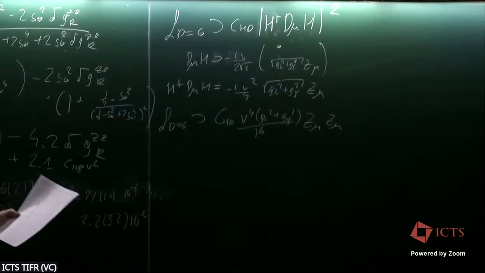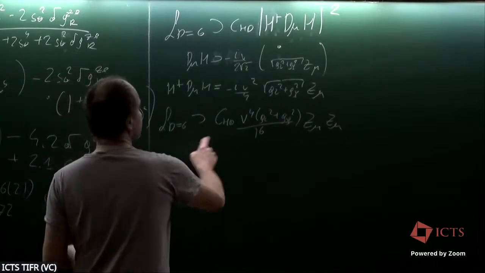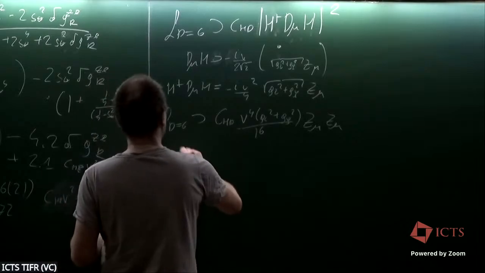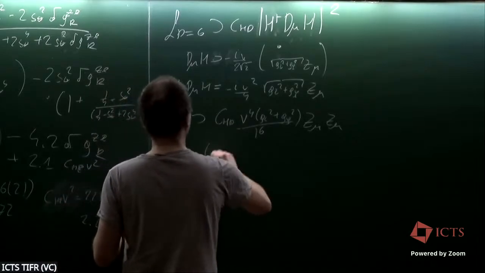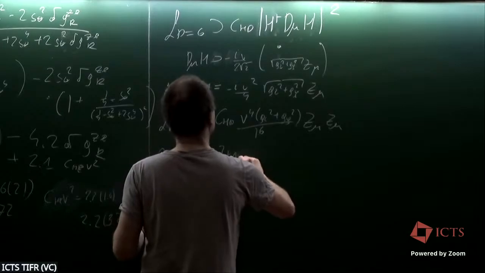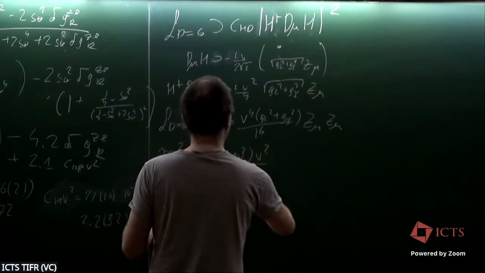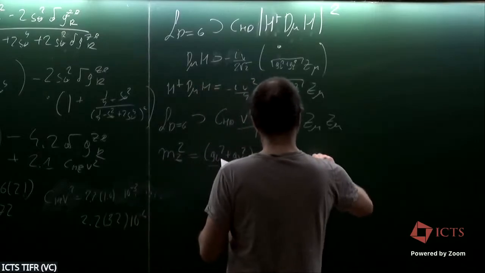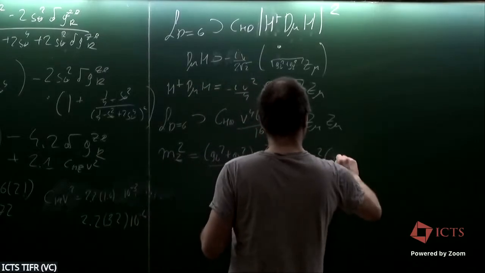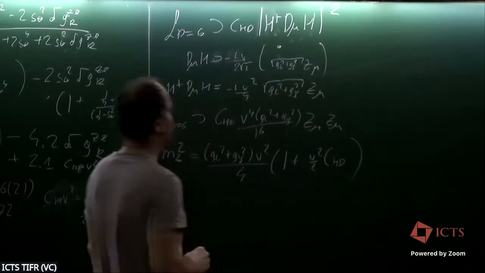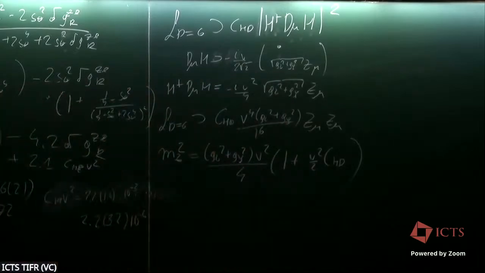Okay, so what happened is that in the presence of this operator, mz squared is equal to GL squared plus GY squared, V squared over 4, times 1 plus V squared over 2 CHD. So this is, of course, a tragedy, because we were using mz to set our couplings.